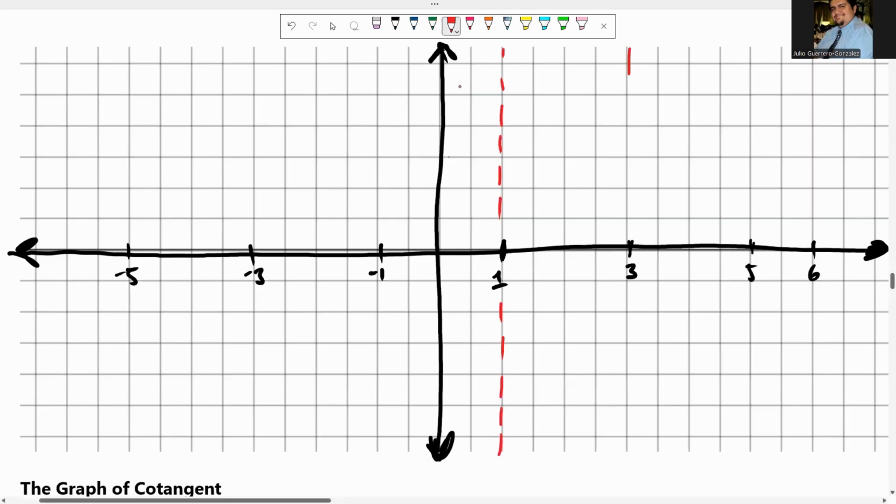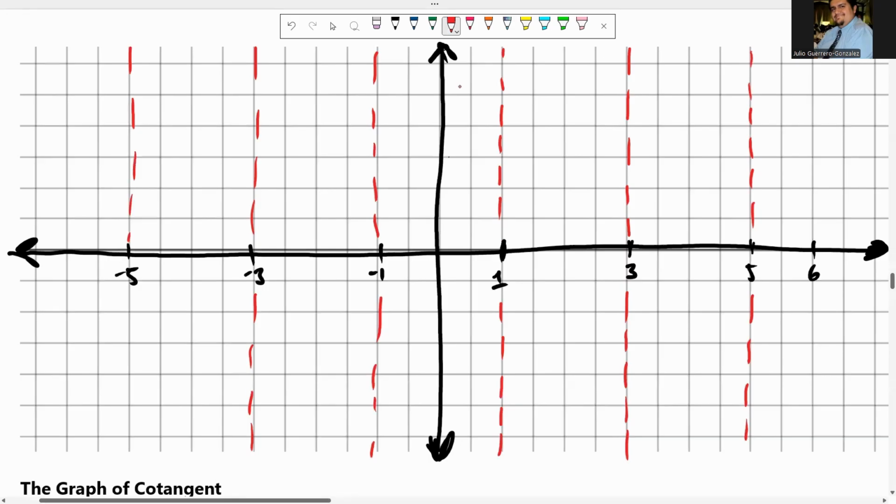There's one of them. There's another one. We know that there's one at 5. And then at -1, there's going to be one. At -3, there's going to be one.